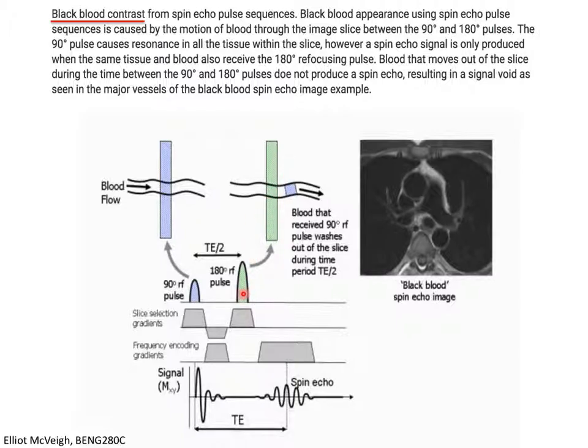That is equivalent to an inversion pulse, and they don't produce transverse magnetization or signal. So you get black, or close to zero, signal in the vessel. This is called black blood imaging, and it produces very nice contours of things like large vessels.